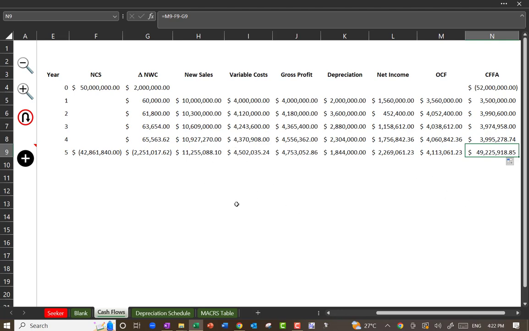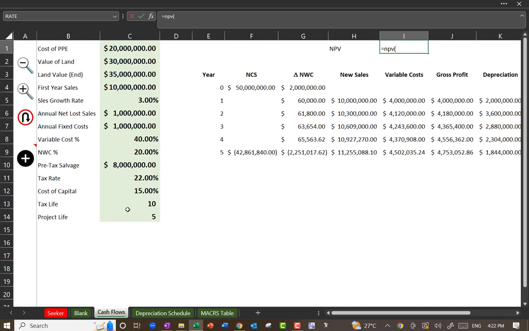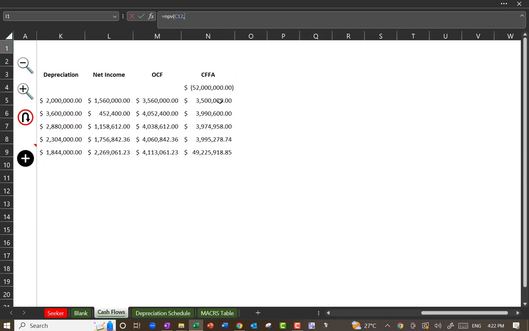I can go ahead and calculate, for example, NPV. Excel has a function called NPV, but that actually calculates present value of future cash flows. The first argument is the discount rate or cost of capital, and the second argument is list of future cash flows.